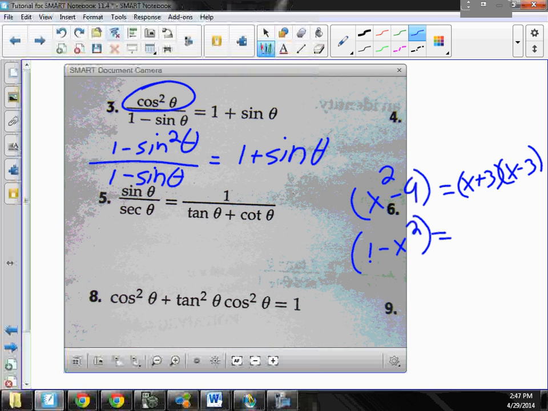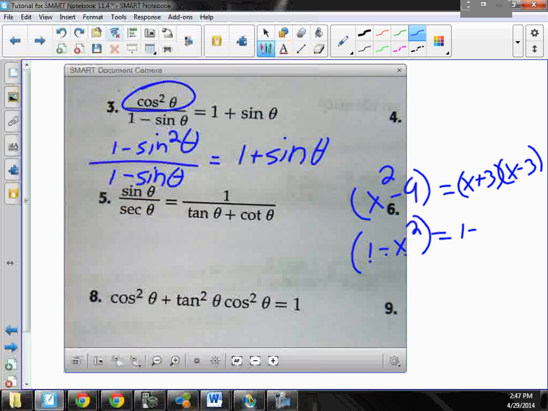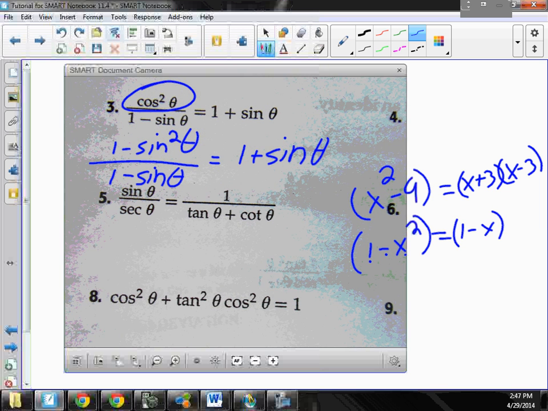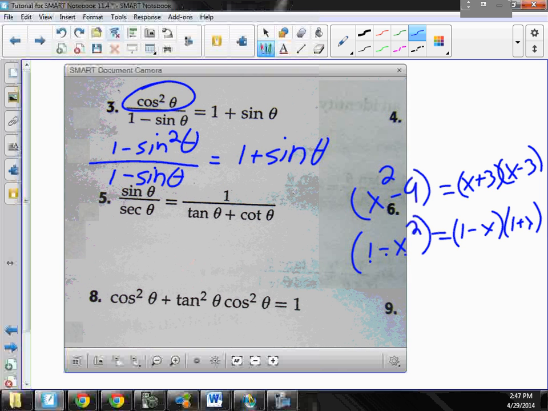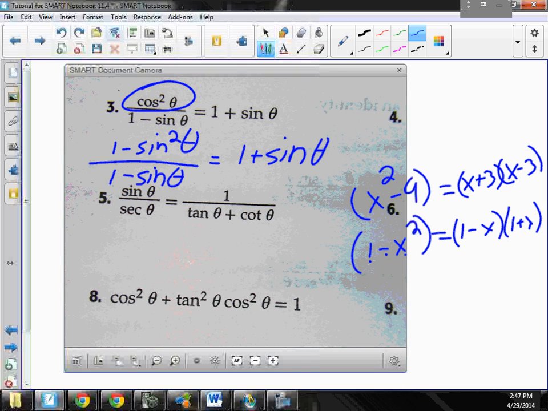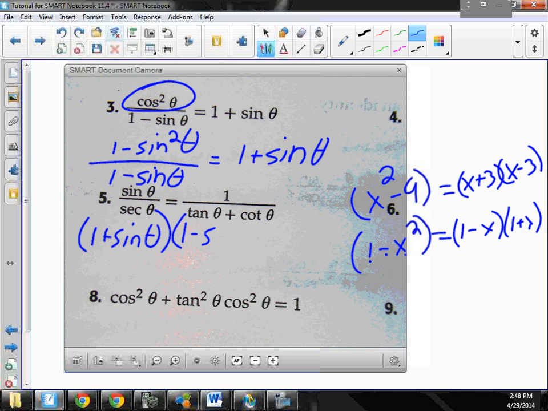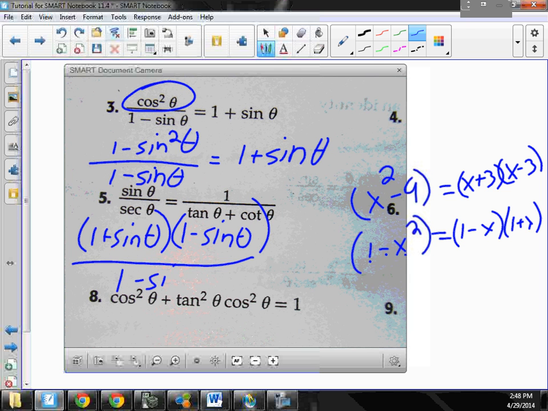One minus x and 1 plus x. So, how does 1 minus sine squared factor? 1 plus sine, 1 minus sine, over 1 minus sine of theta, and I'm done.